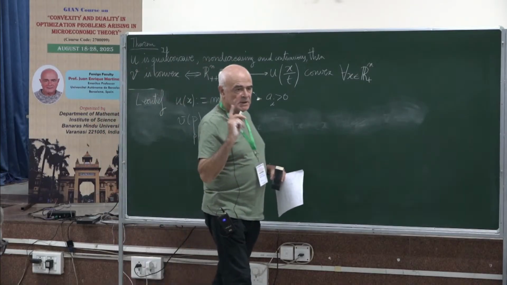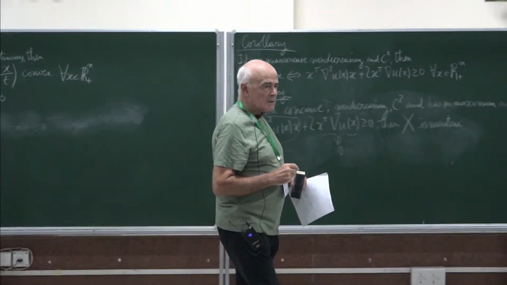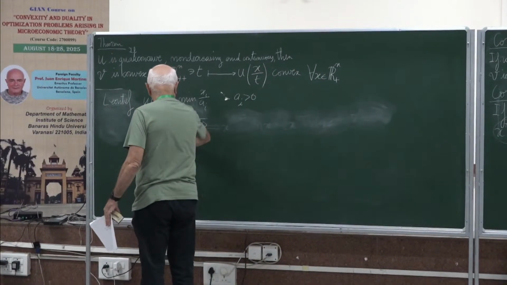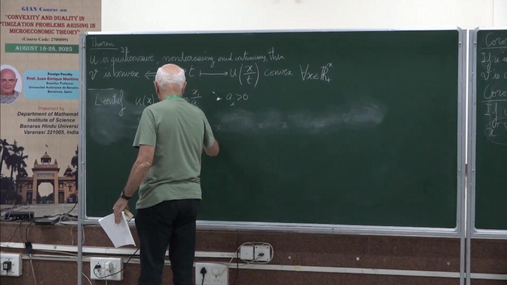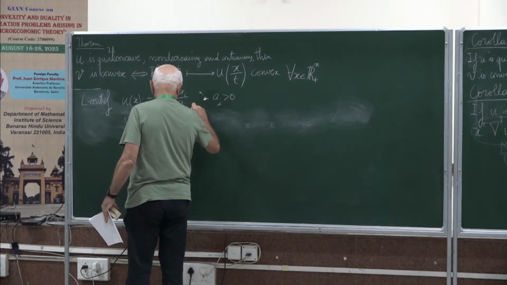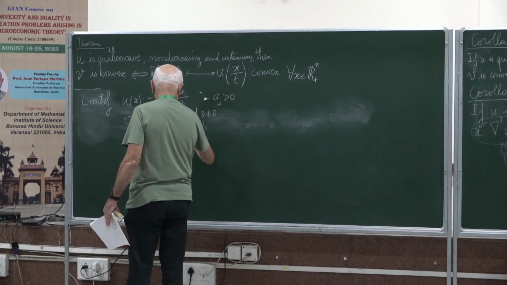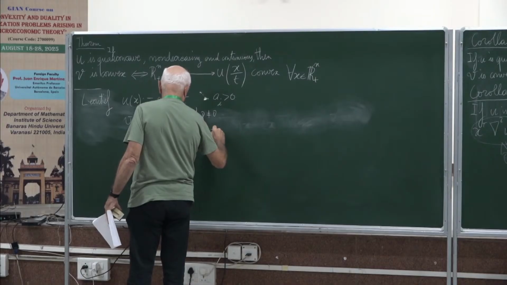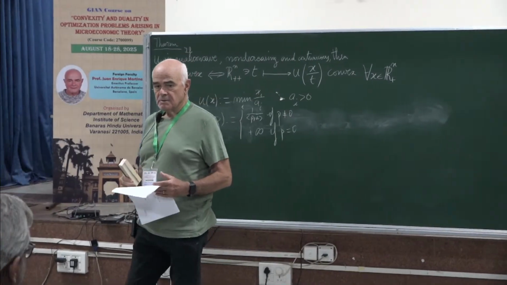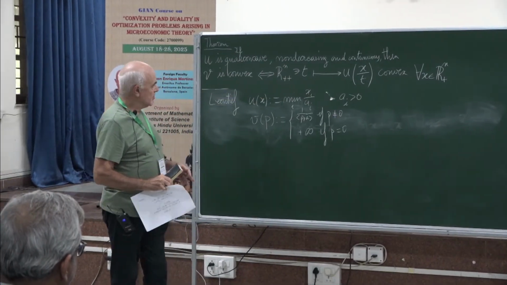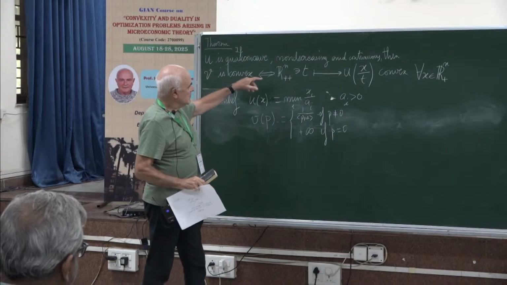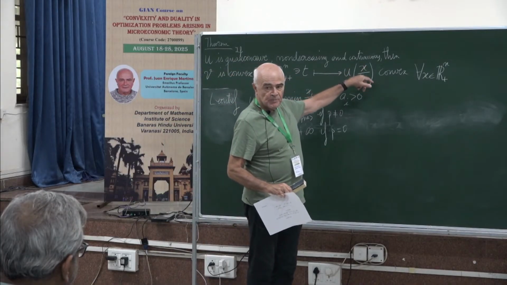For p equals 0, it is plus infinity. This function, defined like this, 1 over p·a if p is different from 0, plus infinity if p equals 0, this function v is convex. And so according to this theorem, this convexity along rays property should hold.